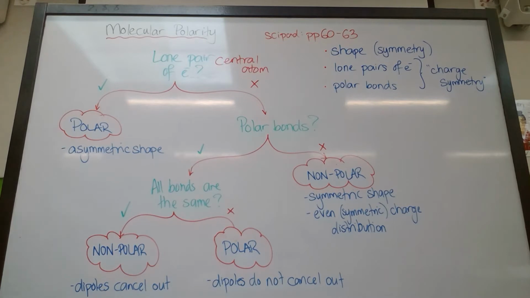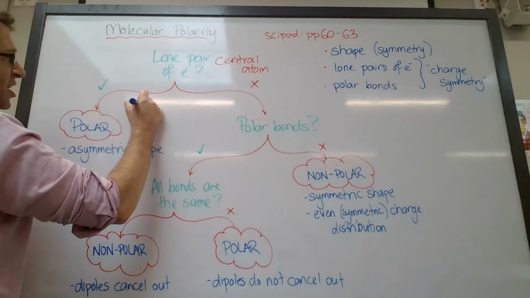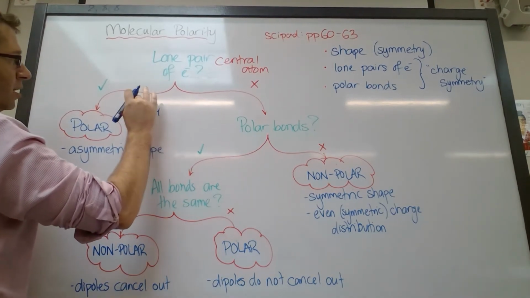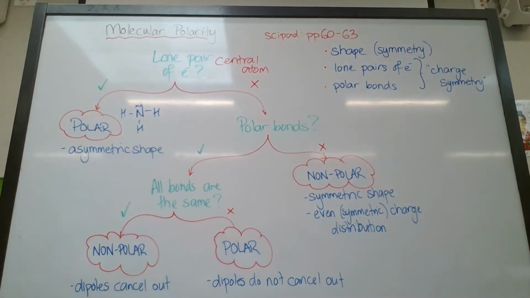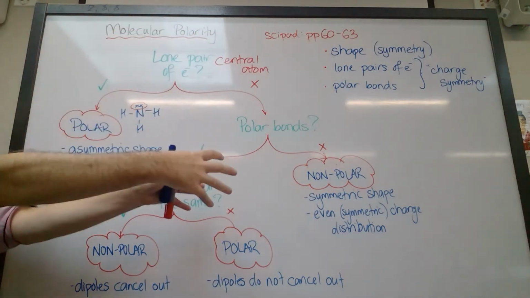Good question. So an example I'm going to use here is ammonia. And ammonia has this Lewis structure. And we can see that around the central atom, it's got this lone pair of electrons. The name of that shape is trigonal pyramidal, or a trigonal pyramid. These electrons have pushed those hydrogens down.